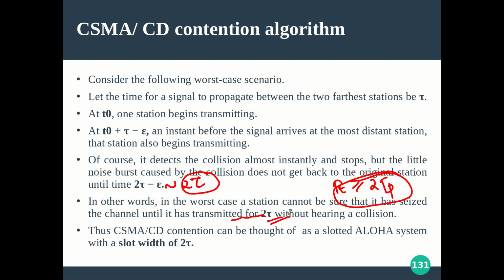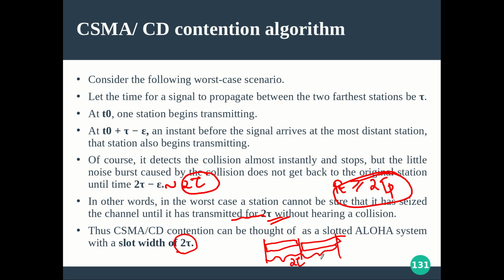So the CSMA/CD contention can be thought of as a slotted Aloha. Why slotted Aloha? Because in slotted Aloha, we divide the time into discrete slots, and frame transmission happens within a slot, right? So in that case, the frame transmission should take 2 tau plus time. So at least the frame transmission time should be 2 tau. After that only you should send the next frame.